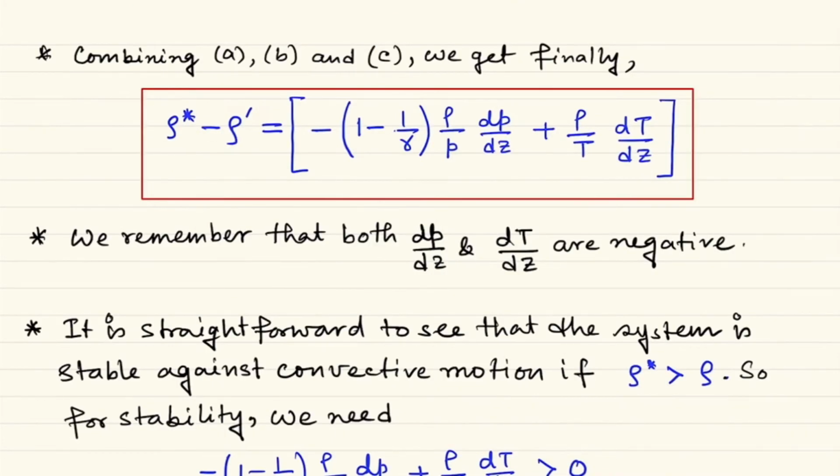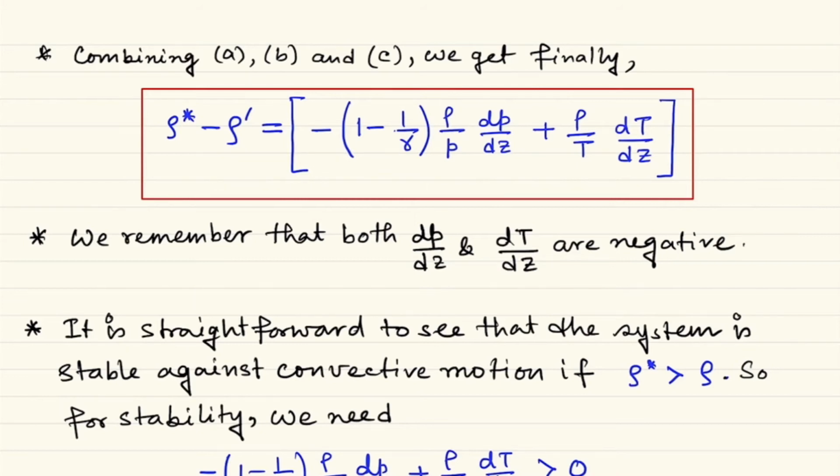Finally we have rho star minus rho prime equal to minus (1 minus 1/gamma) rho/p dp/dz plus rho/T dT/dz. Now try to understand one simple thing: for an ideal gas in hydrostatic equilibrium, in general dp/dz and dT/dz are negative.